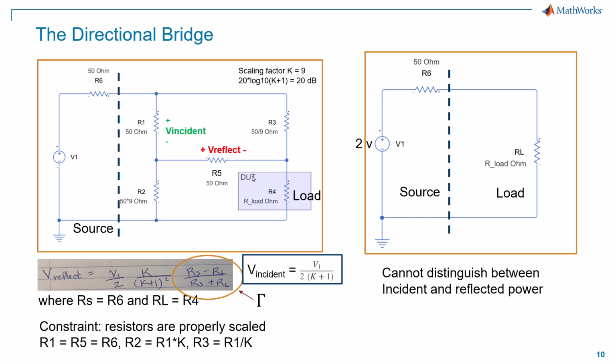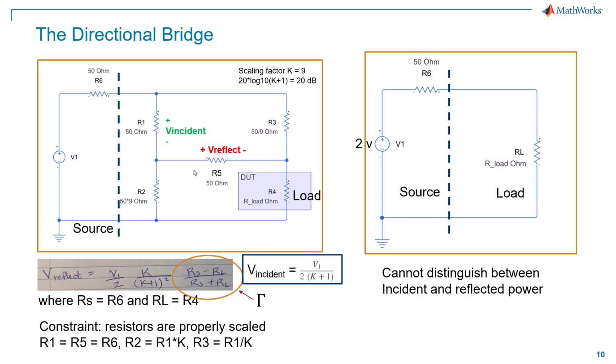Then the next question would be, why do we use something like a K equal 9 or a 10 to 1 sampling bridge or a 20 dB bridge? The reason for that is we would still like to preserve the behavior of the bridgeless case, where the power is primarily or mostly directed to the load. So the larger we make K, the more power gets directed to the load.